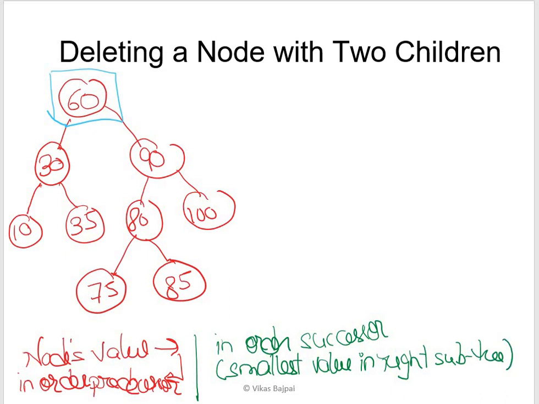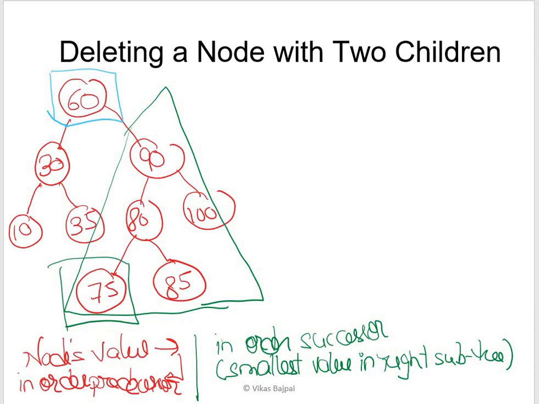Right. So in this case, what we see is, in case of the right subtree, which appears to be this, the smallest value is this, right?